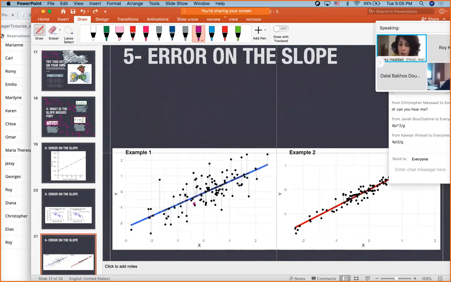I'm gonna learn how to find the vertical deviation for each and every measurement. You see here, the vertical deviation is so much smaller, so the error on the slope is smaller, because the points are not scattered a lot.